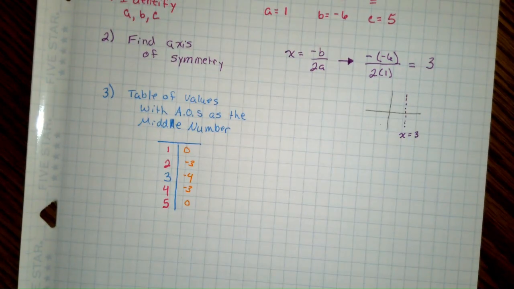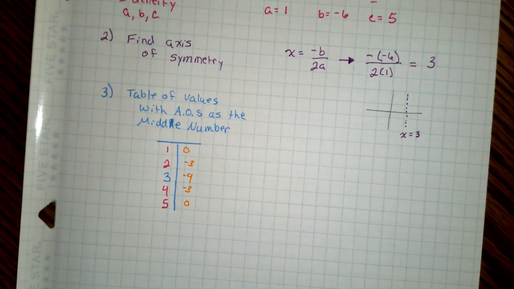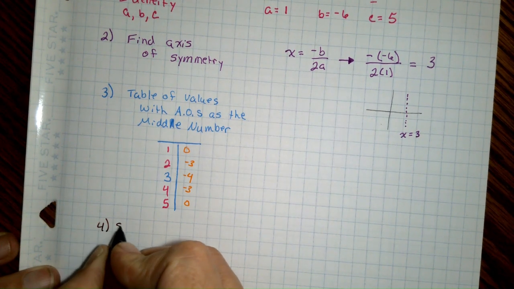All right. Now, not only did we make a table of values with our axis of symmetry, we have subsequently been able to find the vertex.